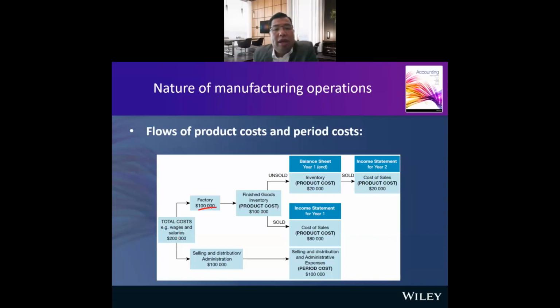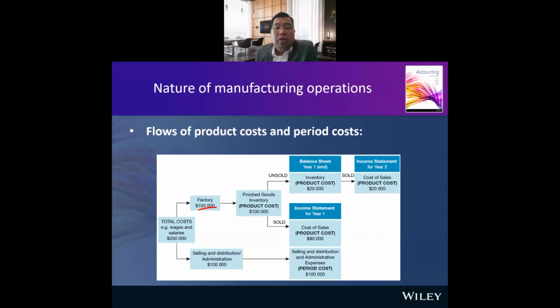And for other activities, for example, selling and distribution and admin, the cost is 100,000. So the total cost is 200,000, which you can break down into 100,000 and 100,000.